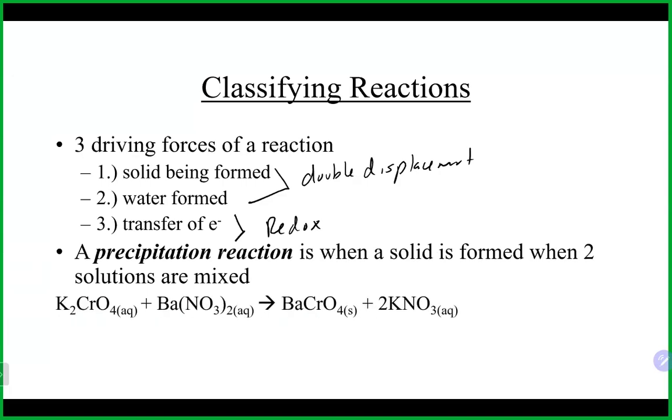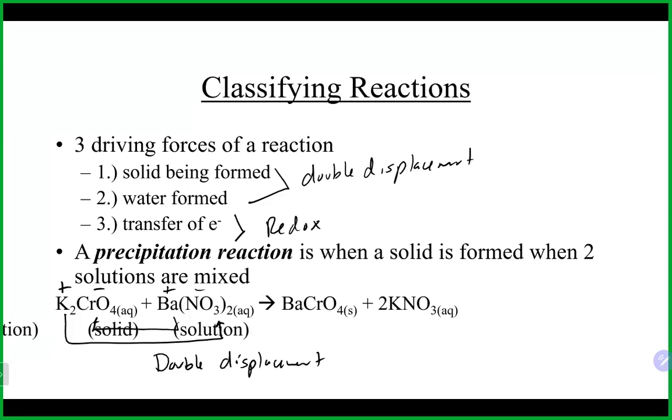All right, so as we saw earlier, a precipitation reaction is also a double displacement reaction. And remember that we have that double exchange happening, so double displacement reaction. Again, a precipitation falls under that big classification, double displacement reaction.